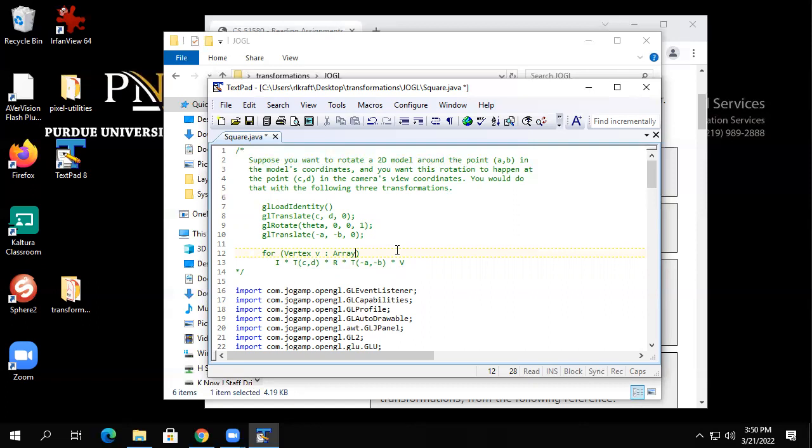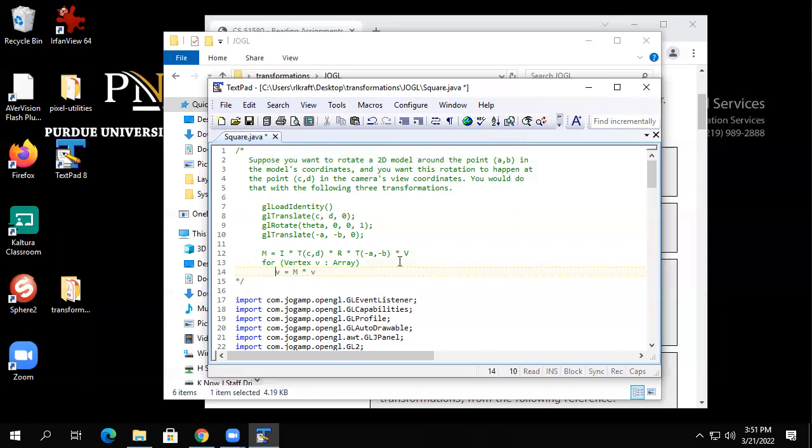Or another way to put it is, I'm building a matrix. Then I say for every vertex, V equals M times V. That's another way to think about it.